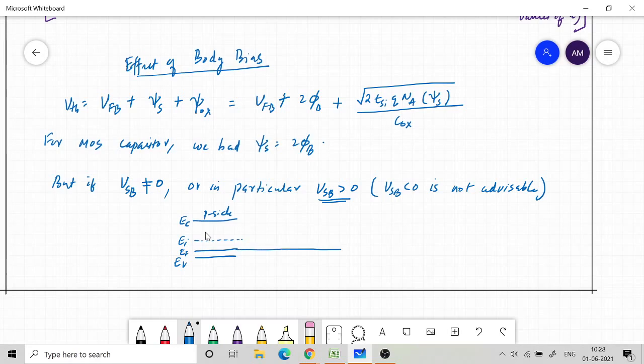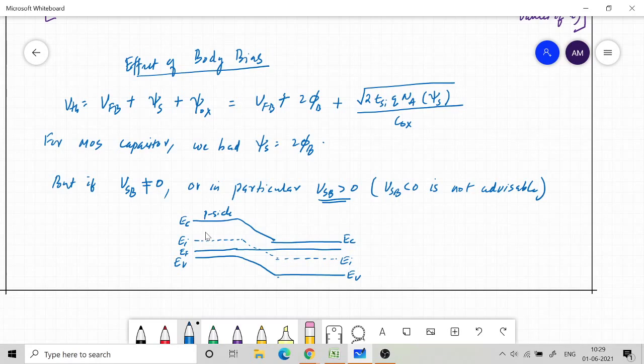But then this will come on the N side like this, EI, and so this is how we draw the energy band diagram of a PN junction. So it will go like this.